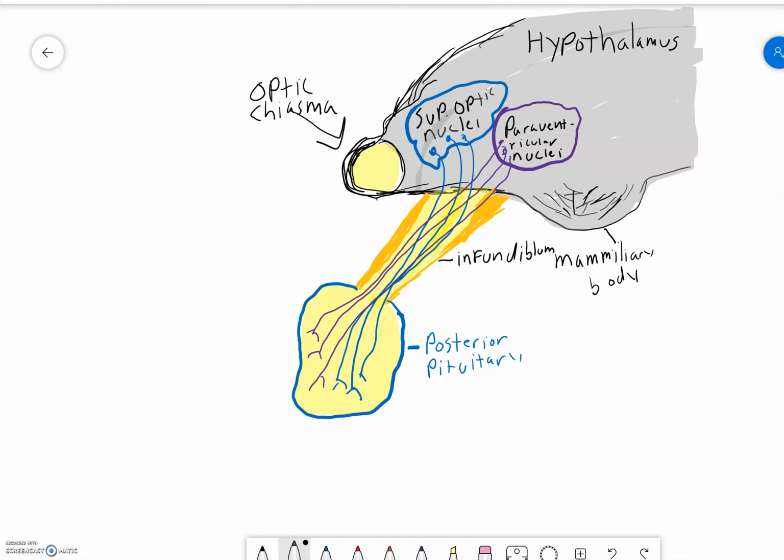Attached to the posterior pituitary is the anterior pituitary, which is larger, right here, and it's going to look mostly pinkish in histology, and it'll have some blue dots in it as well.